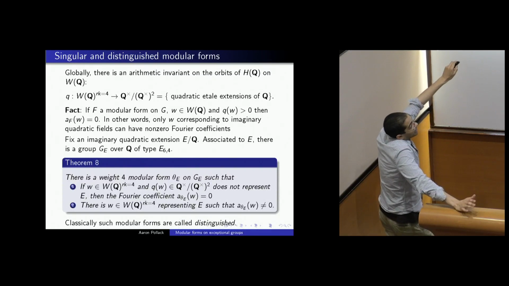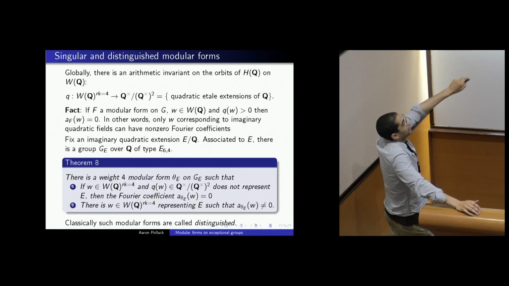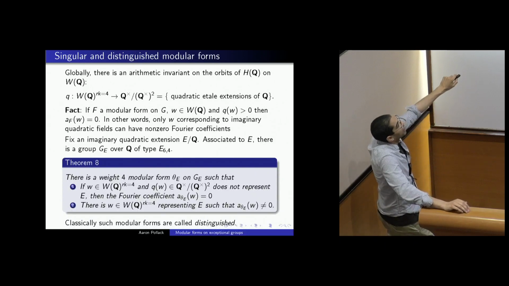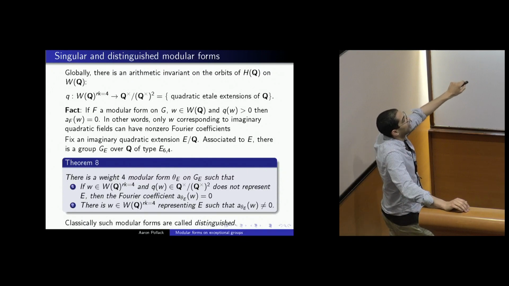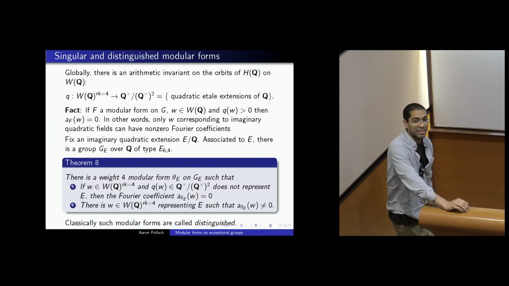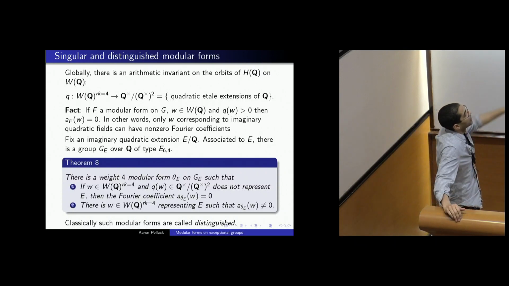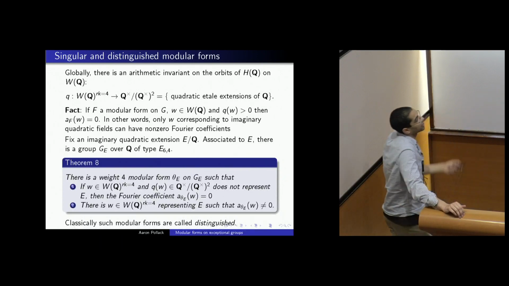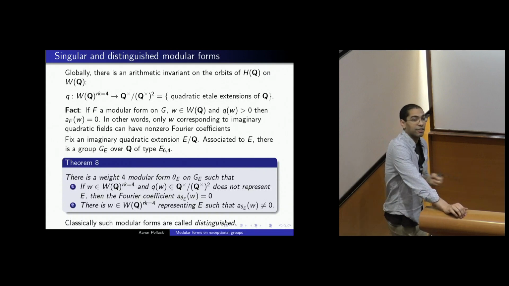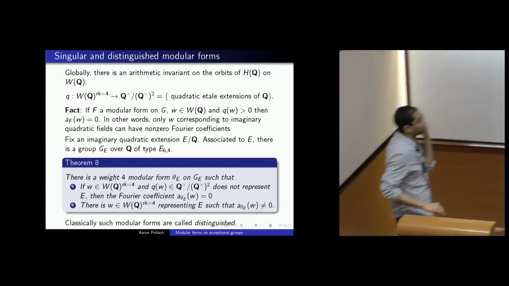So there's a non-zero weight 4 modular form on this group of type E6 defined in terms of E, such that if you take a W that's rank 4 and a quartic form on it gives you a class that does not represent E, then the Fourier coefficient associated to that is 0. And on the other hand, there is a W that represents this imaginary quadratic extension such that the Fourier coefficient is not 0.